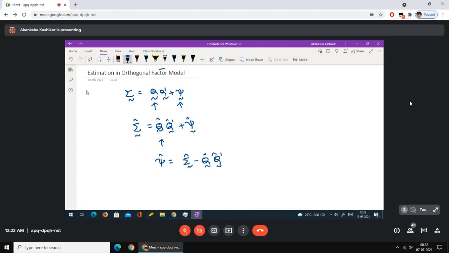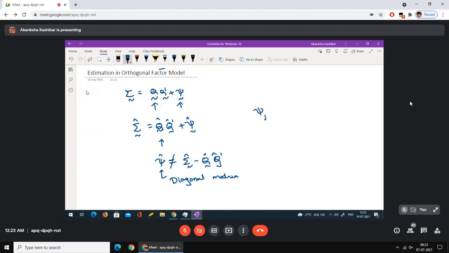But there is a small catch here. I want psi to be a diagonal matrix, so of course I would prefer psi hat also to be a diagonal matrix. I cannot directly do this because this cannot guarantee that psi hat will be a diagonal matrix. But we are talking about an approximate solution, so we don't need to worry much.